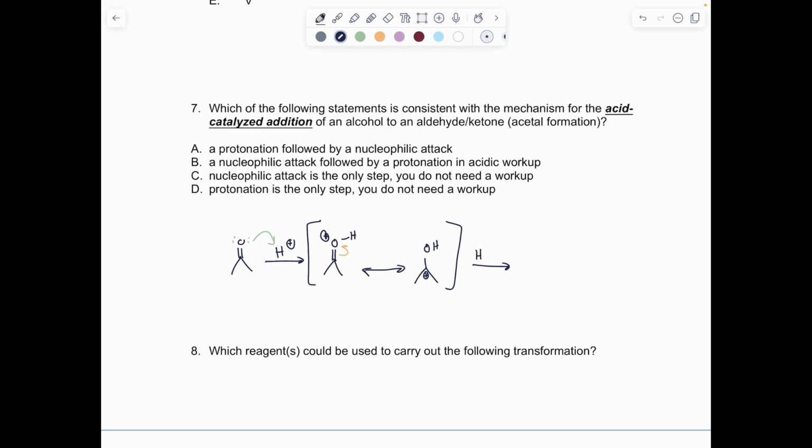So I'm just going to use water as my nucleophile. Water has these two lone pairs. Those are capable of attacking right here where that carbocation is. And when it does that, we end up with a product that looks like this.